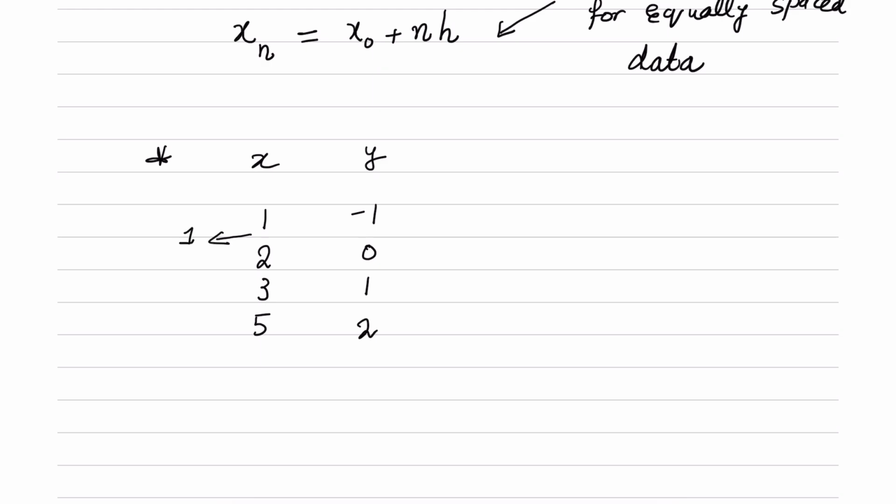You always calculate the difference as second value minus first. 2 minus 1, 1. 3 minus 2, it is 1. 5 minus 3, it is 2. Since h is not the same here, that is, the difference between every two consecutive x values all along this data is not the same, this data is not equally spaced.